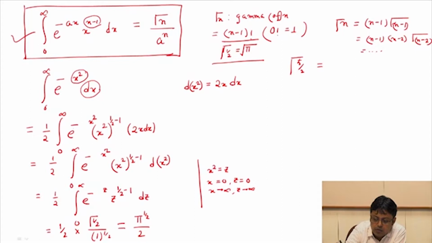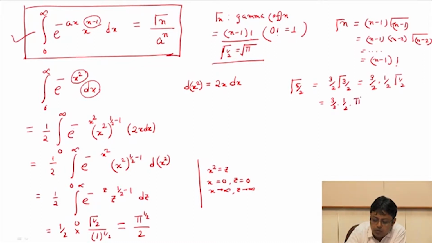So that will basically get a series which is nothing but n minus 1 factorial. That's the same thing we're doing here. So if it is gamma 5 by 2, it will be n minus 1 gamma n minus 1. So n minus 1 is 3 by 2 gamma 3 by 2. Now gamma 3 by 2 I will write as 3 by 2 into n minus 1, so 3 by 2 minus 1 is half, into gamma half, and we already know that gamma half means root pi. So it will be nothing but 3 by 2 into half into root pi.